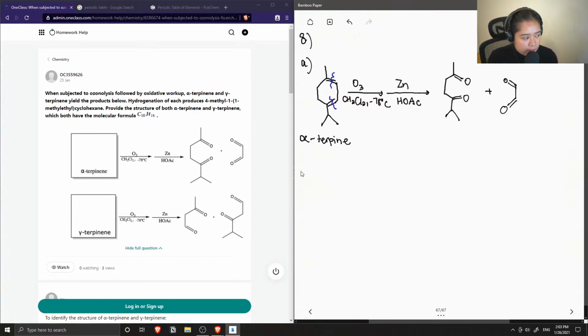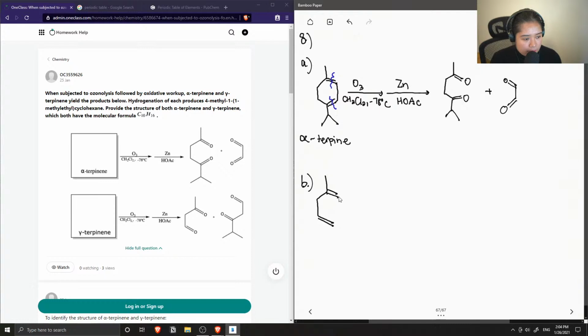So now let's try to do the same thing for part B. I'm going to draw out my first fragment, showing where the double bonds of my oxygen were. And now I'm just going to connect it to the double bonds of my second fragment.